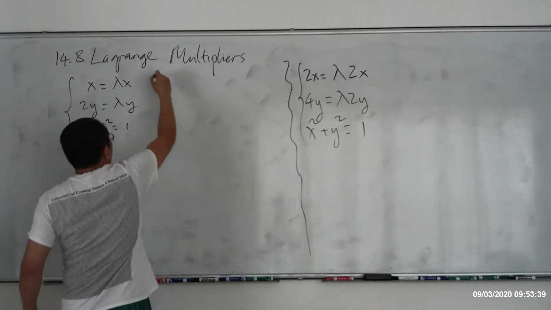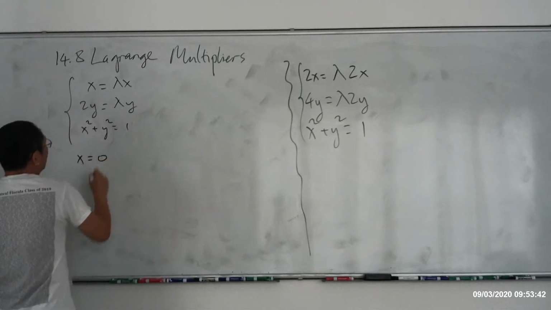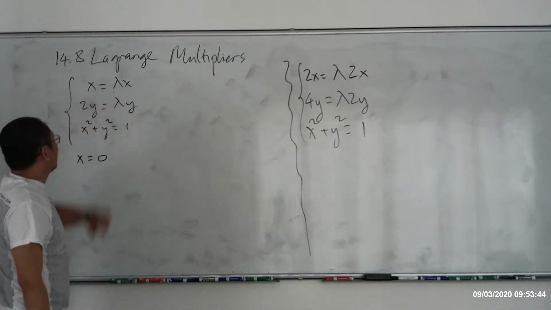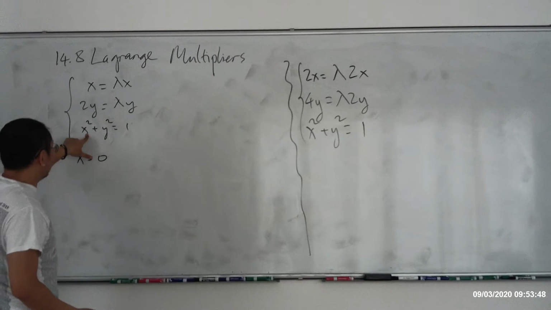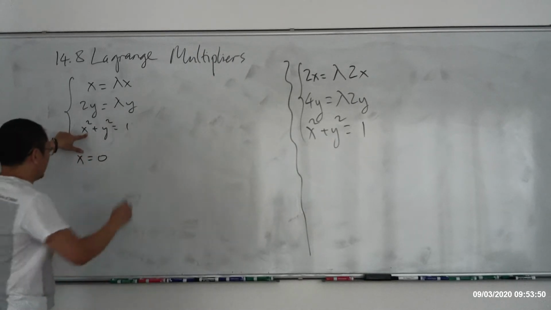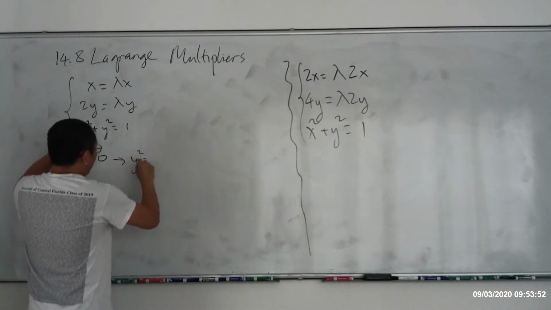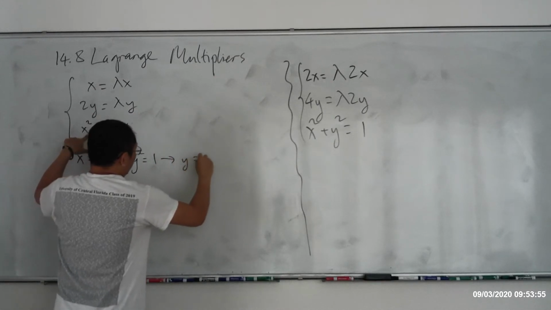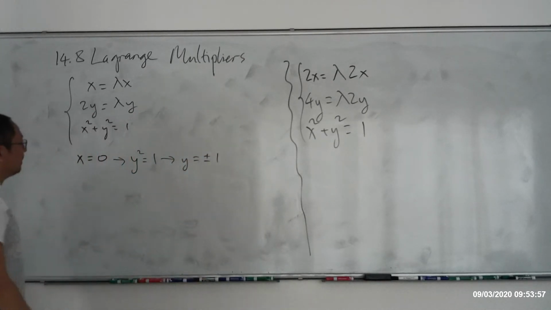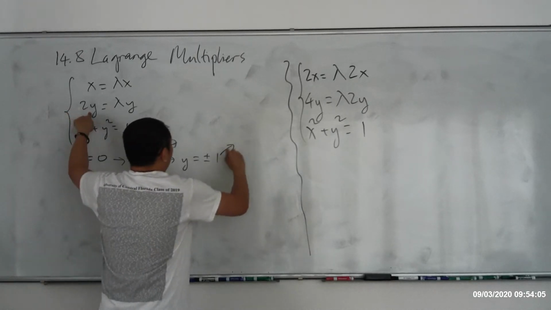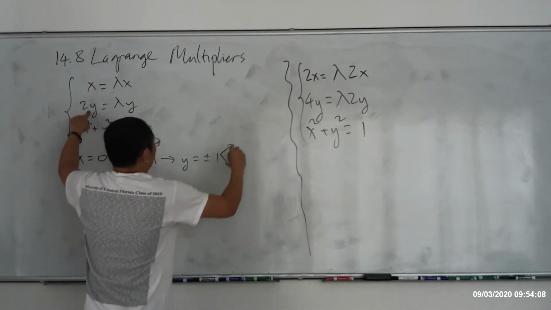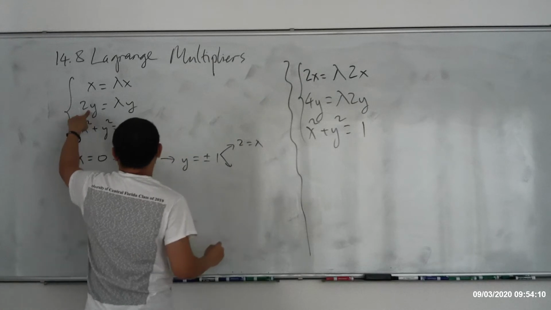The first one, say if x equal to 0, what happened? The first equation is okay, right? And then the second one I don't know yet. But the third equation right here, x equal to 0, then I got y squared equal to 1, so y equal to plus or minus 1. Now I'm going to use the second equation. If y equal to 1, then 2 equal to lambda, right?